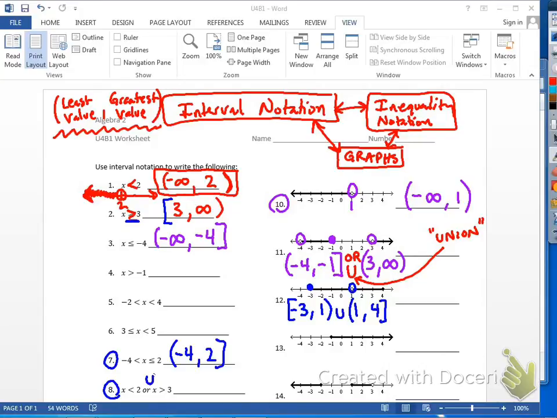I want you to see if you can figure out what the parentheses bracket interval notation happens to be. So go ahead and take a moment, try it, pause the video if you need to, and resume with us when you're ready.